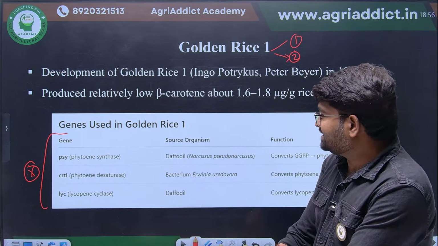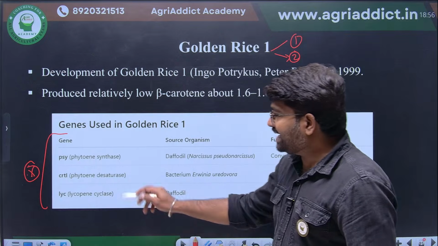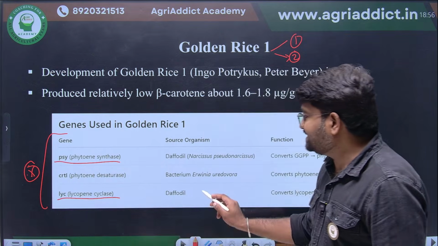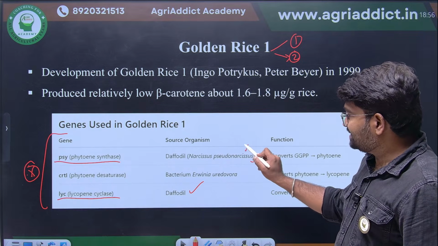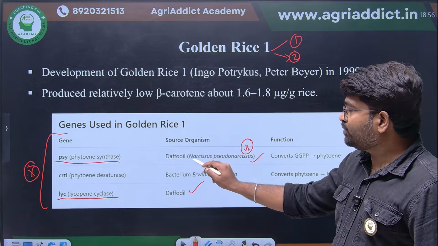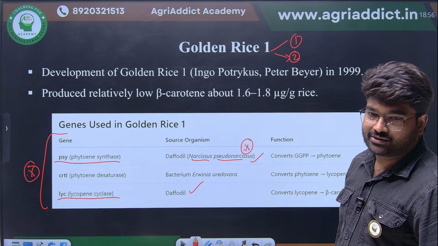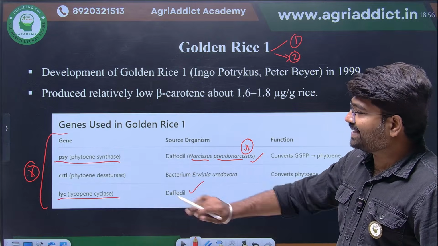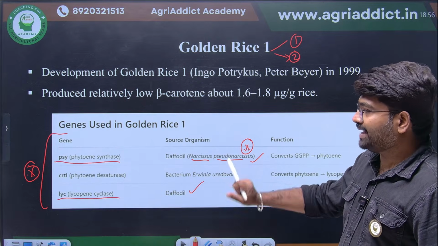In golden rice 1, they have taken the phytoene synthase gene and lycopene cyclase gene from daffodils. This is the key important question. You have to know the scientific name of daffodil also.